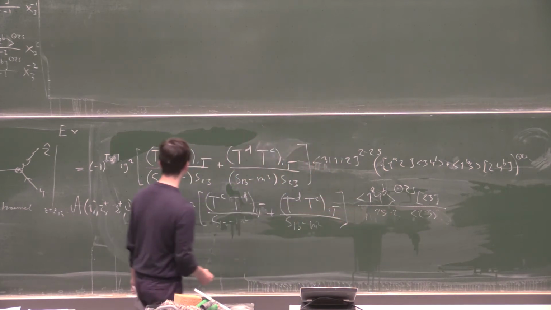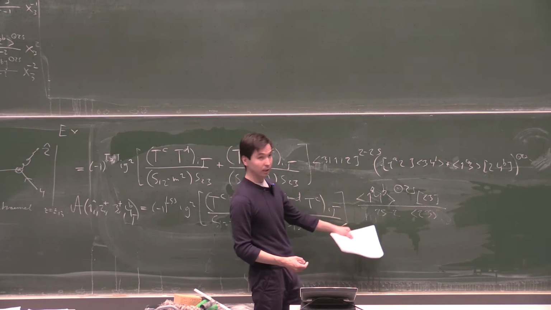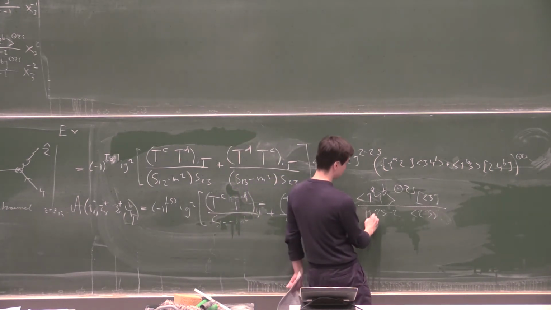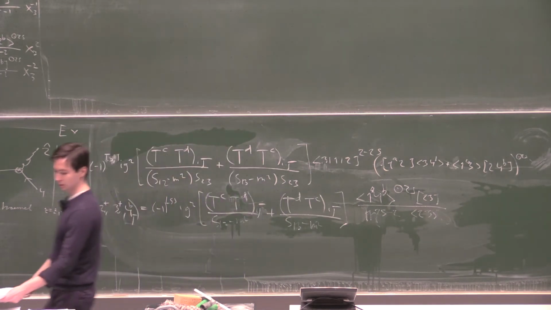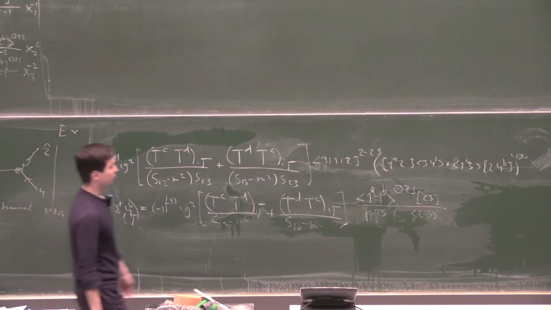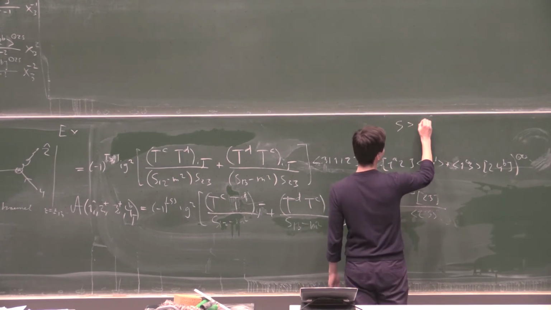So the all plus amplitude contains an explicit power of mass in the denominator. So this is interesting. Well, so this is what happens for s bigger than 1.